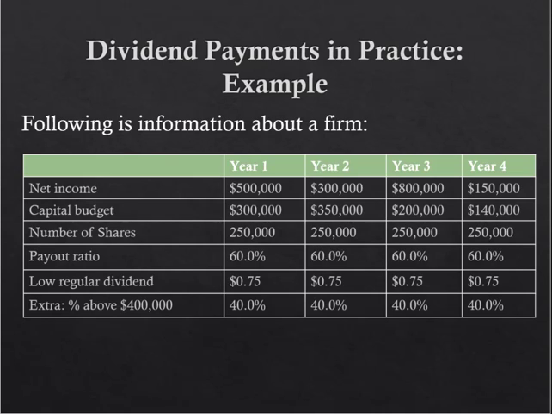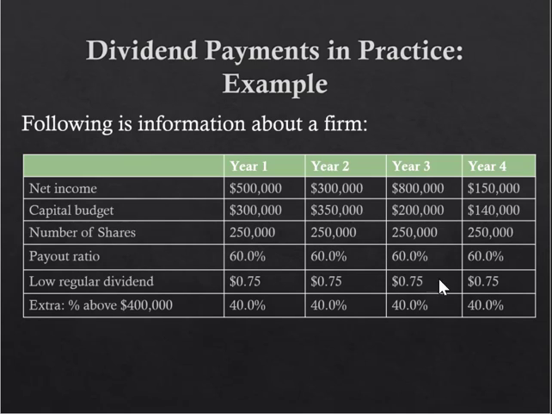So here's a dividend in practice example. You can see that net income in years 1, 2, 3, and 4 goes up and down. So net income is pretty volatile. The capital budget is also fairly volatile, but it's reasonably consistent, around $300,000 a year. You can see the number of shares outstanding, 250,000 shares. Payout ratio at 60%.